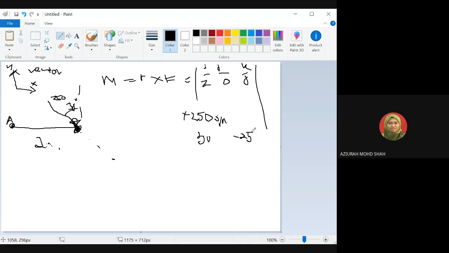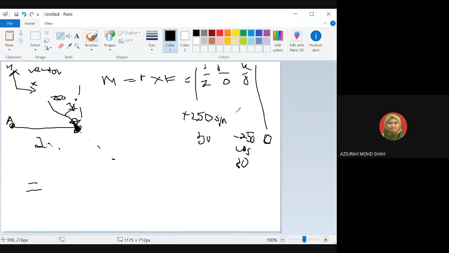250 cos 30. This is straightforward, we resolve into the X component and Y component. So J for Y is negative, so we put negative. Z is not there, so zero. So we just find K, because I and J will be zero.